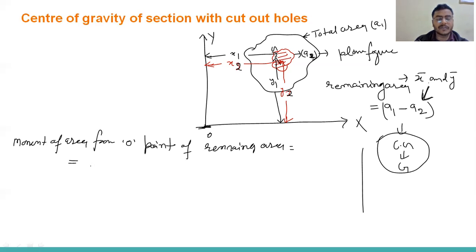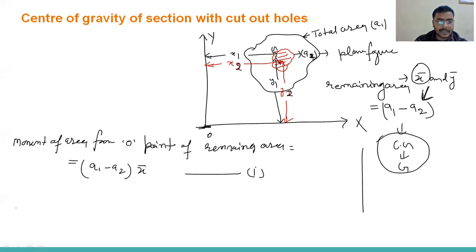Moment of area means whatever area we have and their centroid distance from the y-axis. So I'm calculating from the y-axis. We can write remaining area we have A1 minus A2, and what is the distance from the y-axis? We have taken the assumption that it is x bar, right? So we can write x bar. This is the first equation.